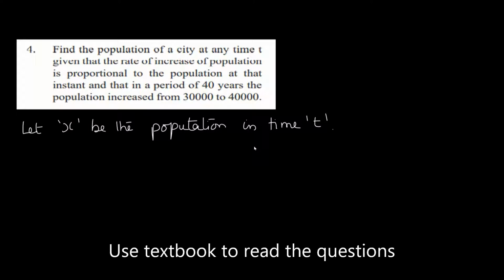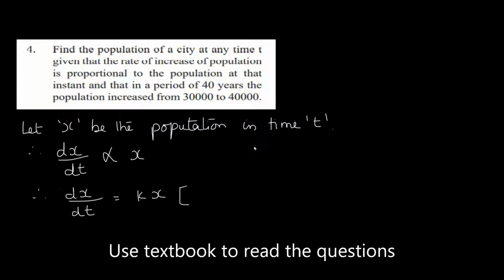Now, they have given that the rate of increase of population is proportional to the population at that instant. So, therefore, we have dx upon dt is proportional to x. We remove the proportionality sign by introducing the constant of proportionality, that is k. So, we have dx upon dt is equal to kx.